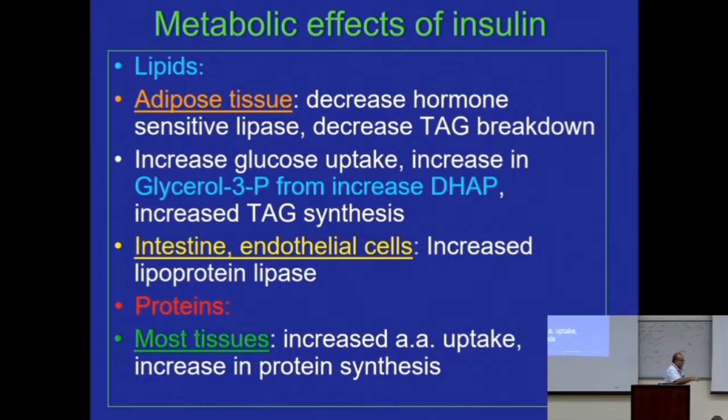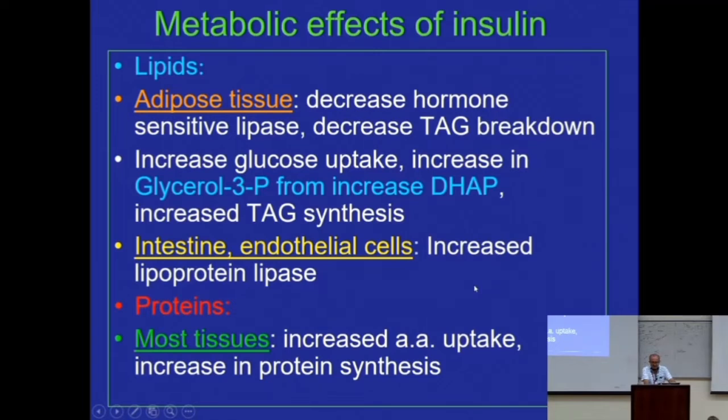It is part of the endothelium, so it hangs out attached to the endothelium wall, and the enzyme can access the lumen of the bloodstream and act on chylomicrons and VLDL, to be able to pick up fatty acids to be used or stored in the respective tissues. So this is an important effect of insulin.